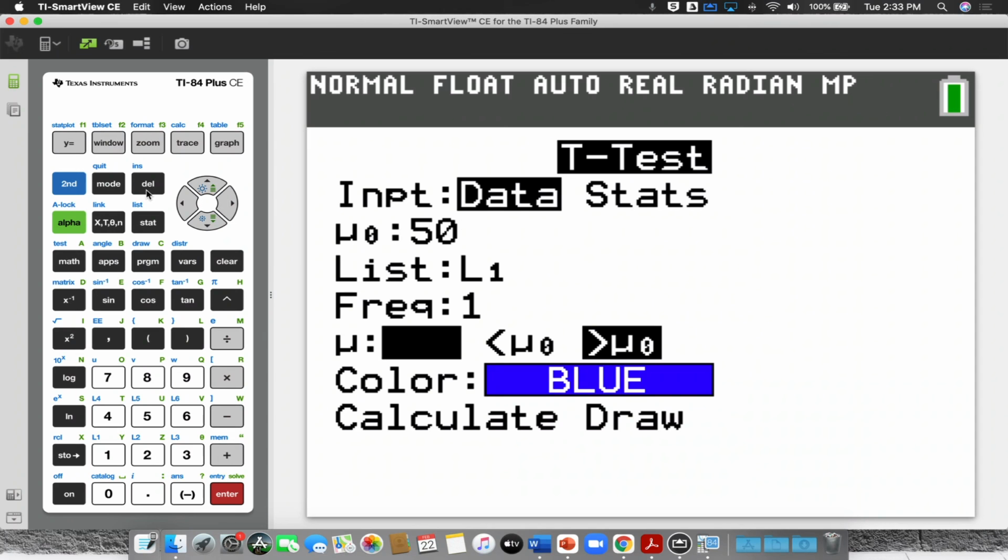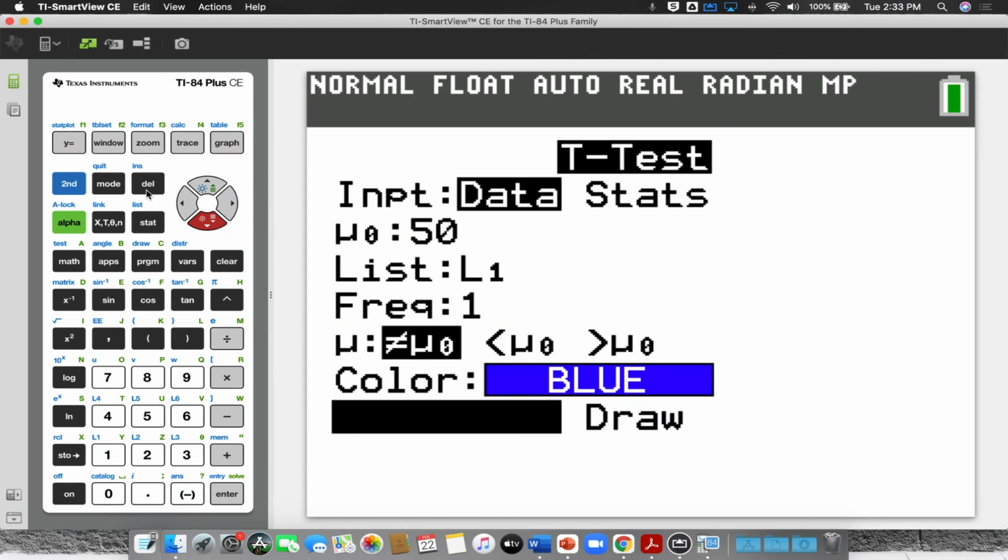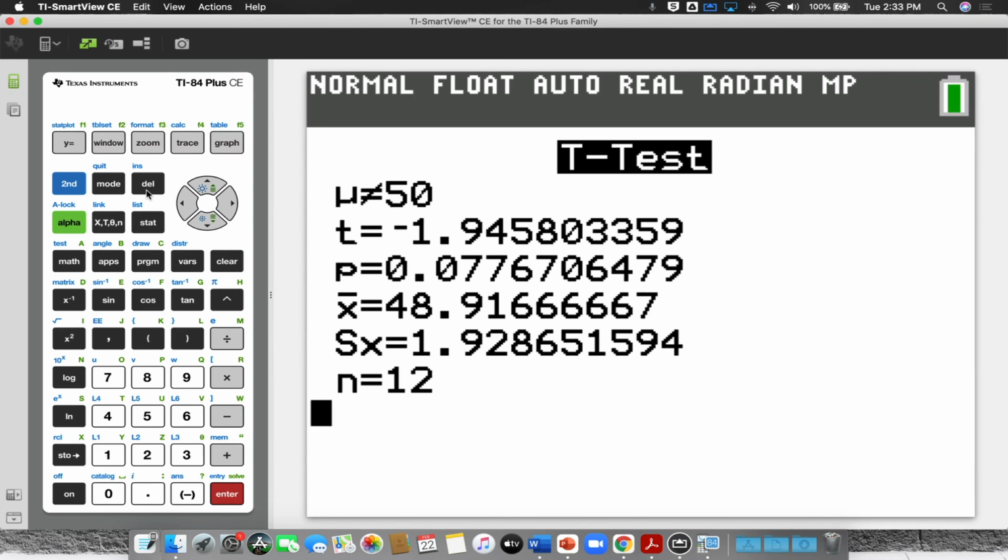L1 is our list. Frequency is 1, not equal to. Calculate. We get a t-score of negative 1.946, and then a p-value of 0.0777.